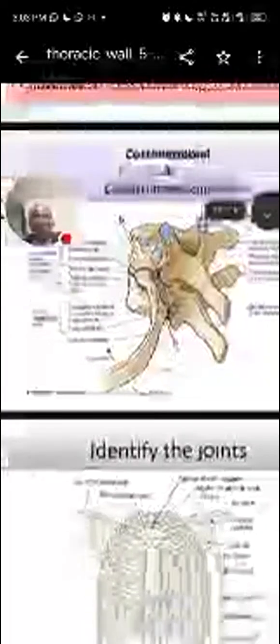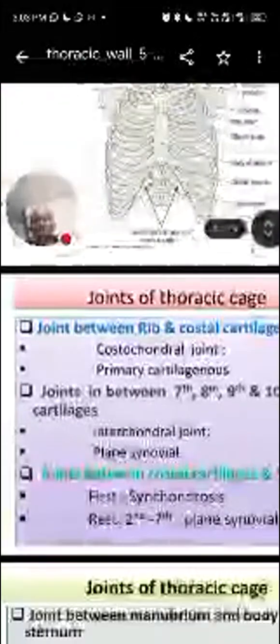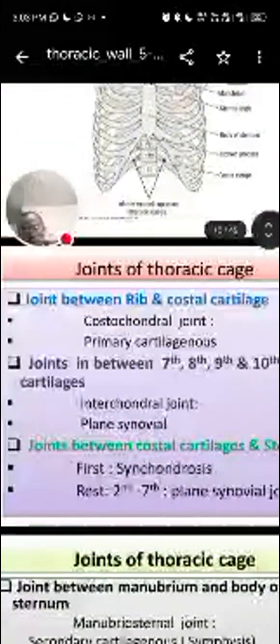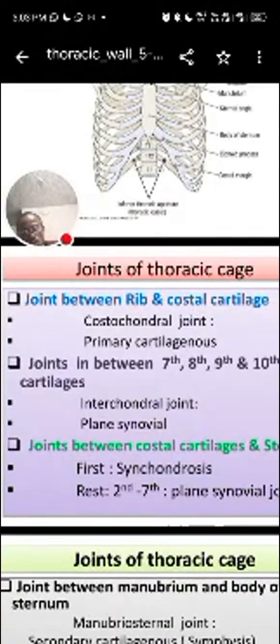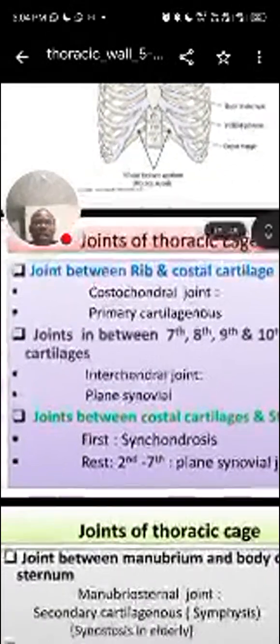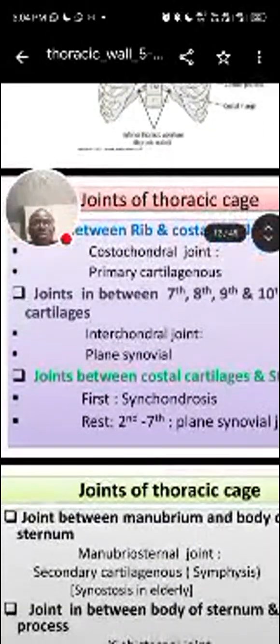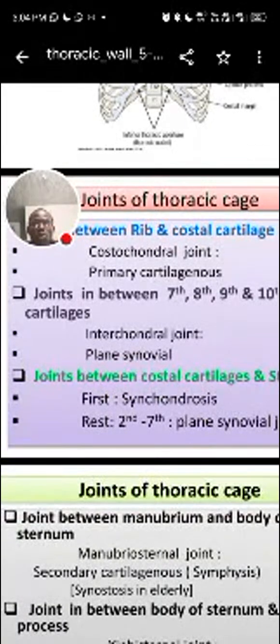All right, and the function of those joints. The next one is the costochondral joint. Costochondral joint. Okay, the next one is the interchondral joint.